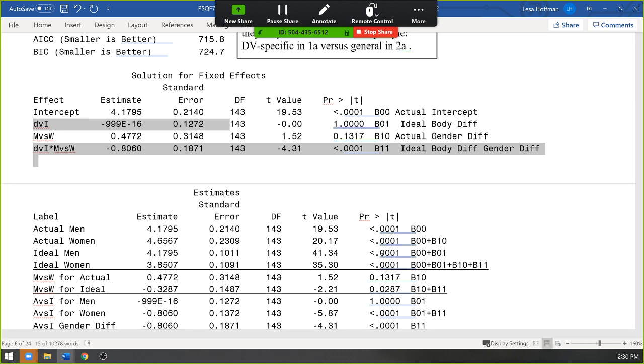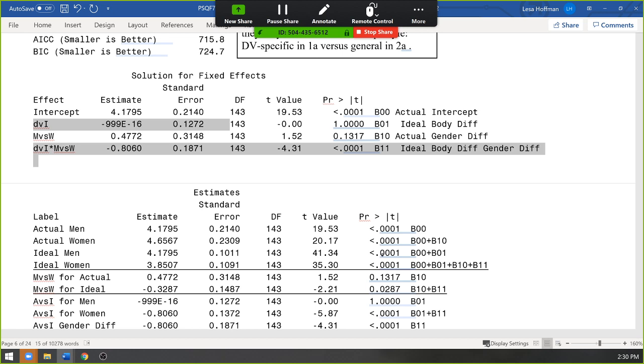Okay, so just to review, the first model we looked at predicted actual and ideal using intercepts for each. To get to the difference between actual and ideal, you had to write lincoms to subtract one from the other. That was 1A. 2A here is equivalent.